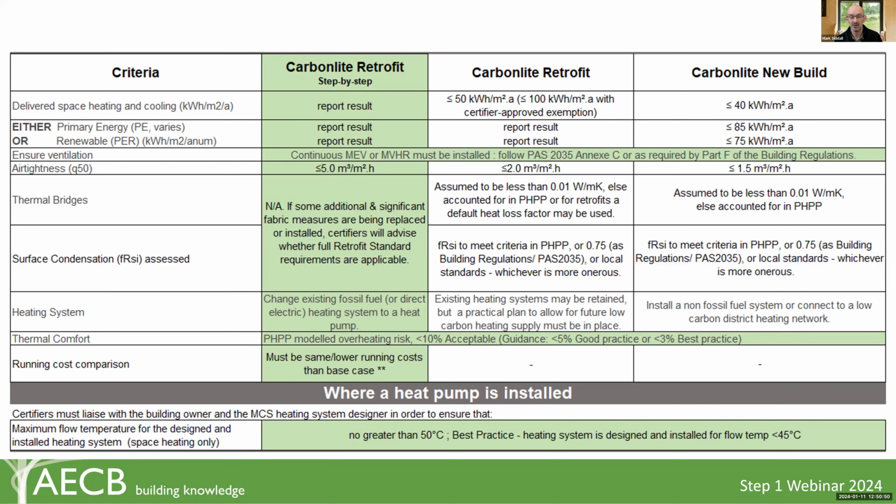Obviously, for the base case, we might make a broad assumption, which could be made more accurate if there was a blower door test undertaken, but there's not a requirement of the AECB retrofit standard to do that necessarily. I took pretty much a typical or worst case scenario. So it just about met the criteria, which in this case, for the step-by-step is 5 meters cubed per meter squared per hour.